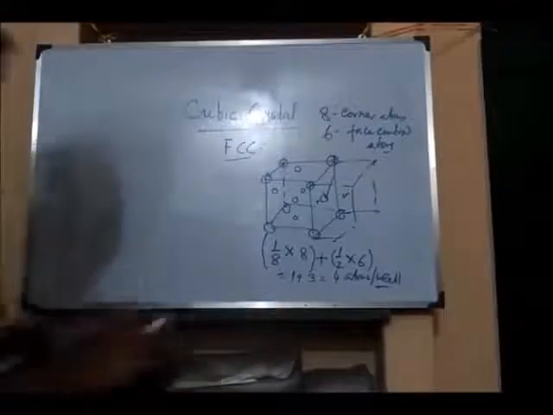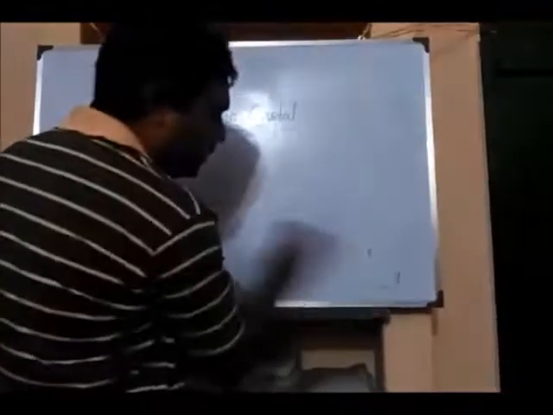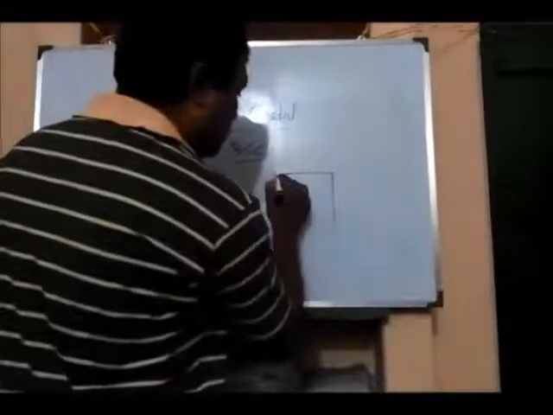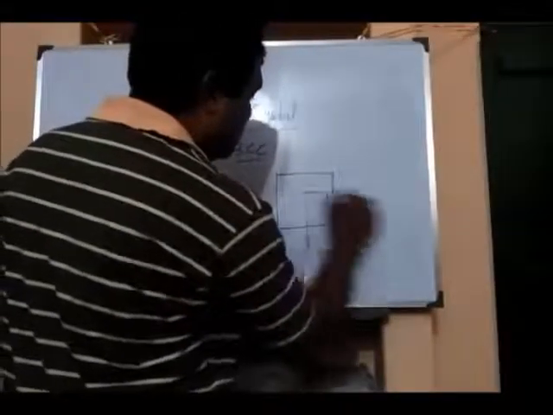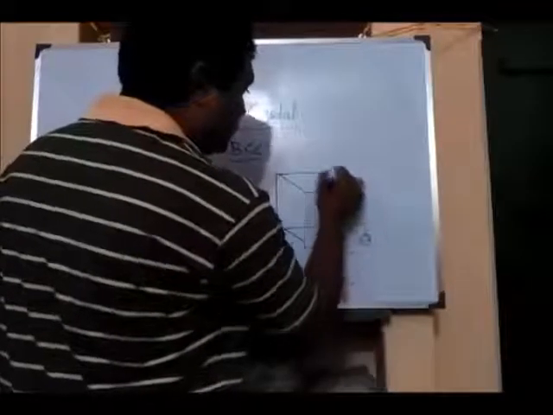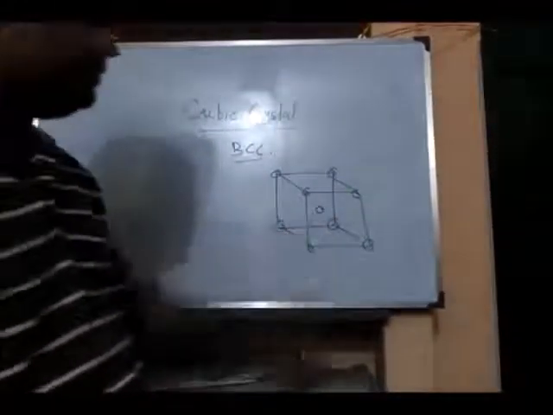Now if you consider a body-centered cube, what happens? For a body-centered cube, each corner of this cube has a single atom, and there is an atom at the center of this unit cell.